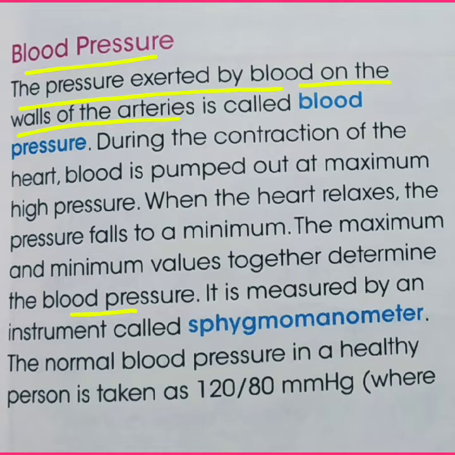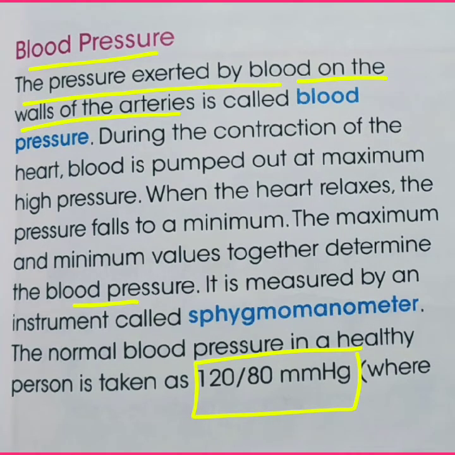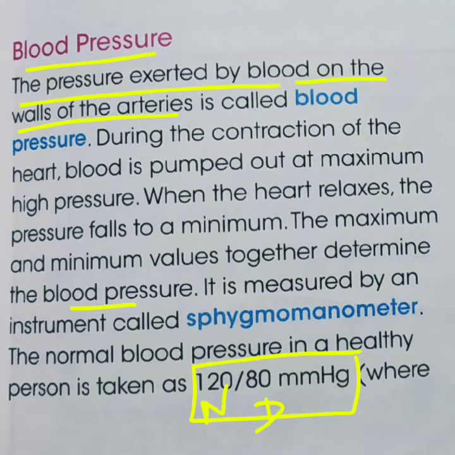So the normal blood pressure in a healthy person is taken as 120/80 mmHg. That is, mmHg stands for millimeter of mercury as measured by the instrument. So this is the numerator, we can say, and this is the denominator. So the numerator is the value during contraction and denominator is the value during relaxation. And here the device called sphygmomanometer is used to measure blood pressure.